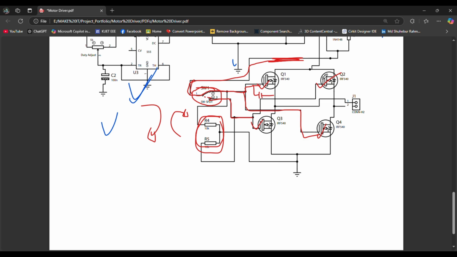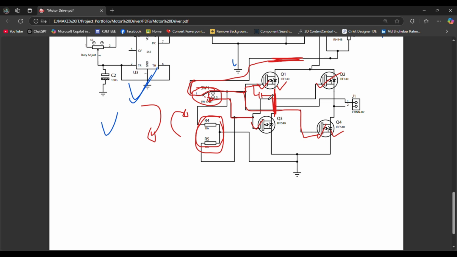So for this reason, these MOSFETs keep open even after I have switched to the other combination. So this makes the circuit short, and this is very bad for our purpose.